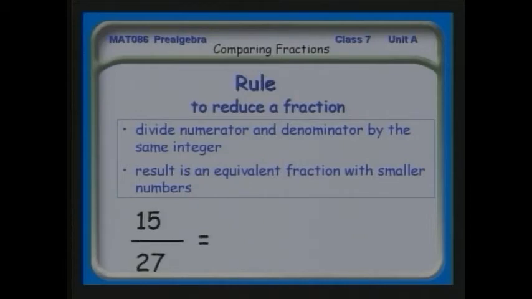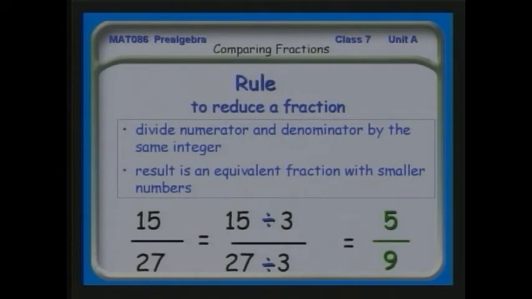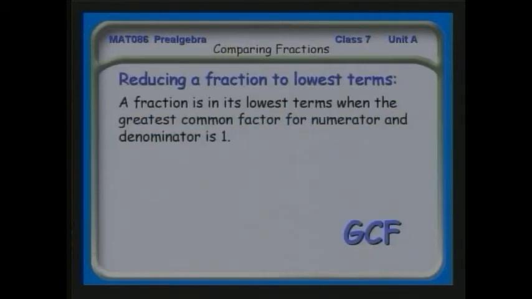For example, 15/27ths, if I divide the 15 by 3 and the 27 by 3, I can change this fraction to 5/9. Exactly the same quantity, just expressed differently, and the difference is a factor in the numerator and denominator.